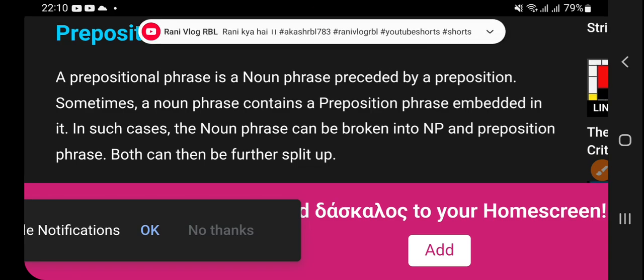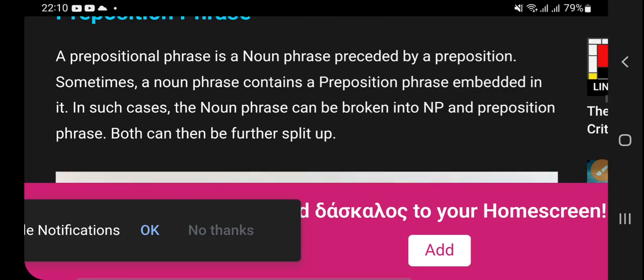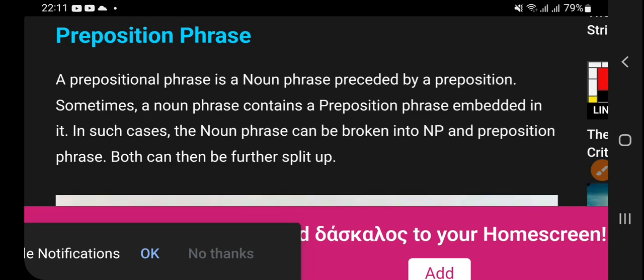Then prepositional phrase. In the beginning I told you that phrases are very important because this analysis is done through phrases only, so we should know what comes under which phrase. Noun phrase we have just discussed. Now come to the prepositional phrase. Prepositions are on, under, beside, beneath.